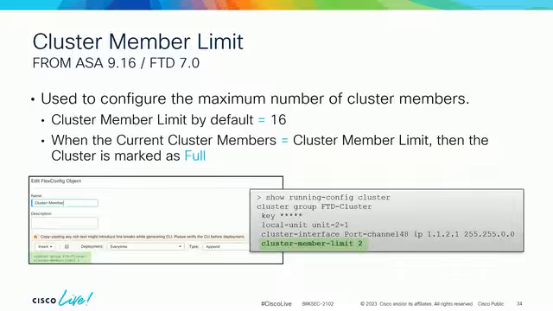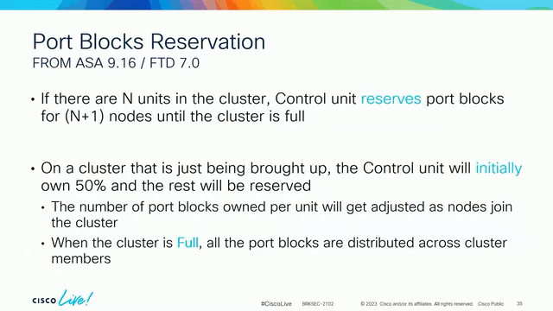And with that, I have introduced you to the second enhancement in this version, which is port block reservation. If there are n units in the cluster, the control unit will reserve port blocks for n+1 until the cluster is marked as full.